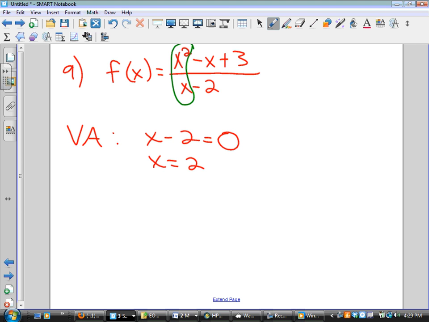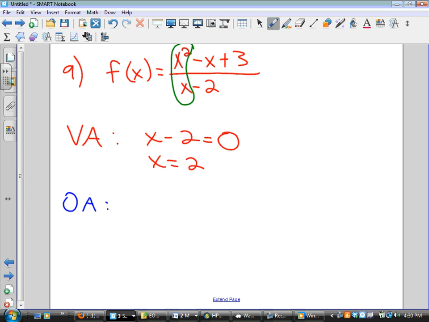To find the oblique asymptote, we need to just divide exactly like it looks. So we need to divide x minus 2 into the numerator, x squared minus x plus 3. Okay, so to do that, we should use synthetic division, because the denominator is a linear term, meaning it's a line, x plus or minus something.